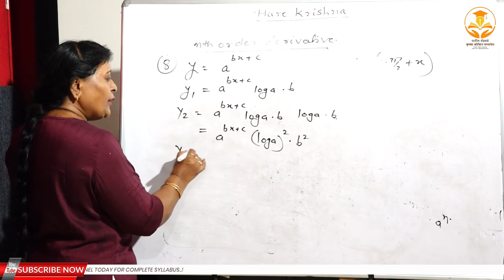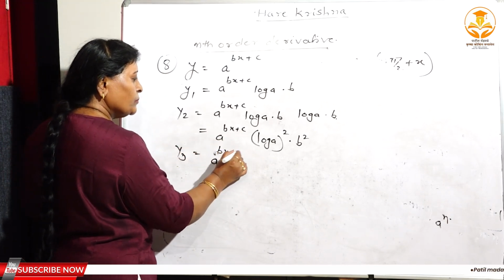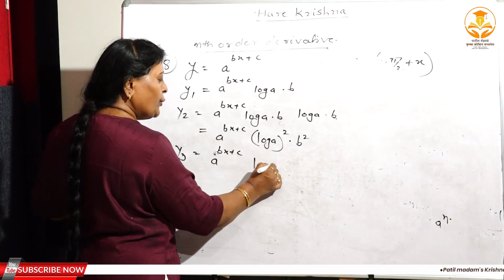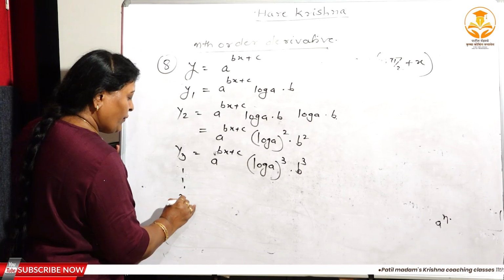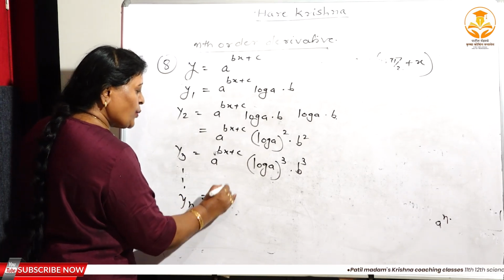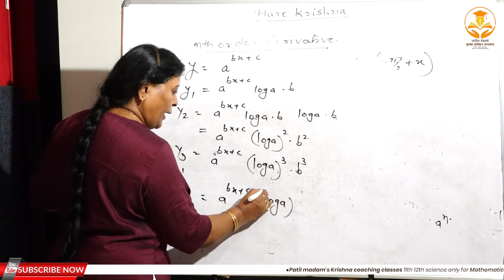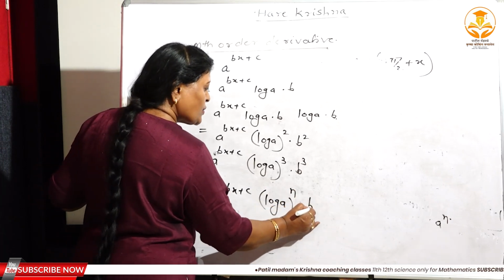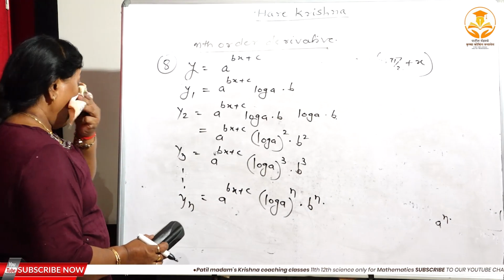Similarly y3 you can find out: a raised to bx plus c, again log a whole cube and b cube. Right? Similarly you can find out yn. Here a raised to bx plus c, log a whole to the power n and b raised to n. Right? This is the 8th example.